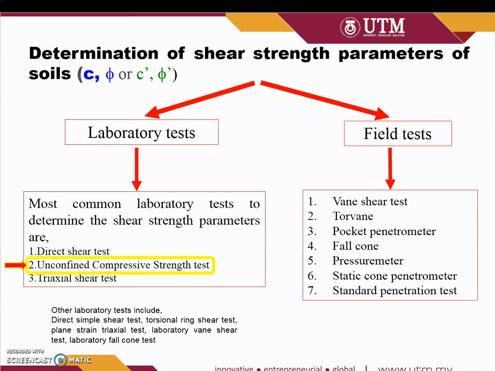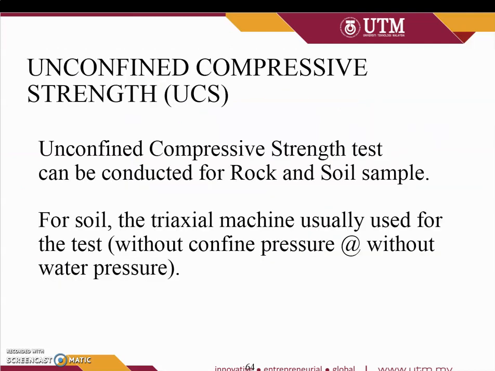Alright, so let's see the UCS test. The UCS test can be conducted for two types of material, rock and also soil. I believe we also have a compressive strength test for concrete.